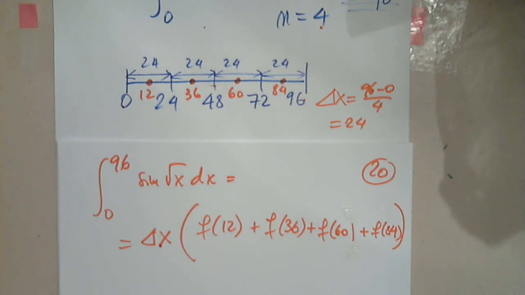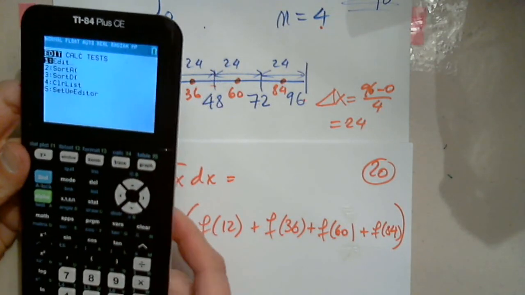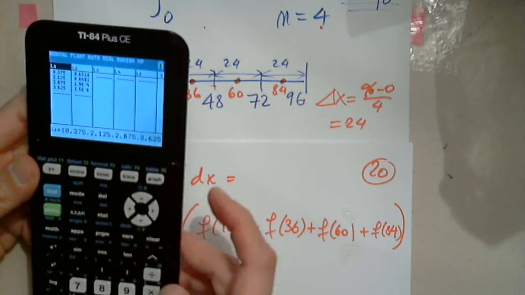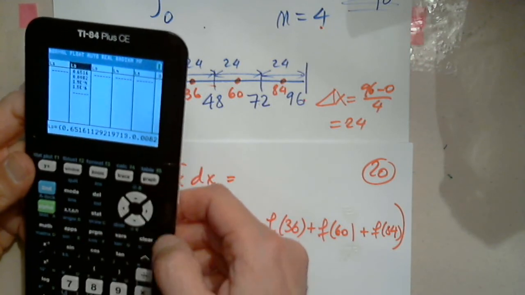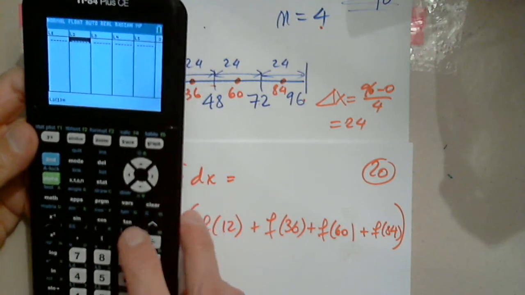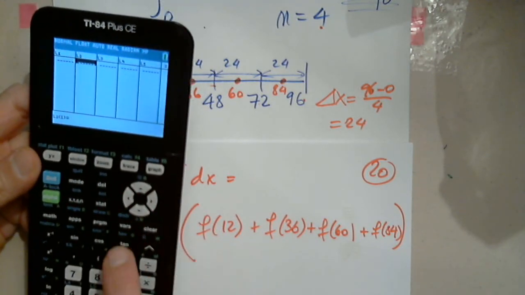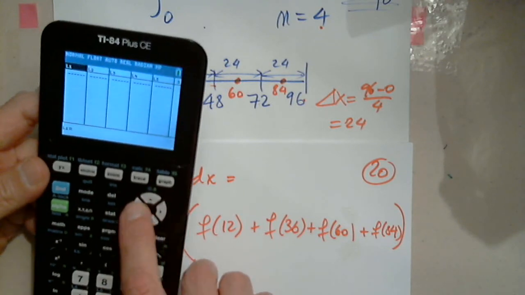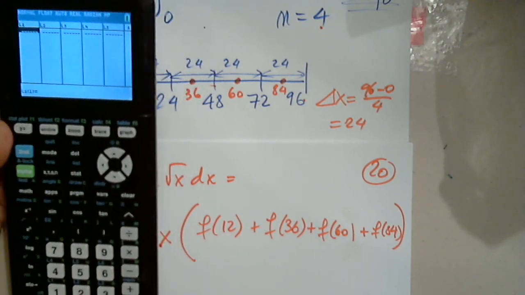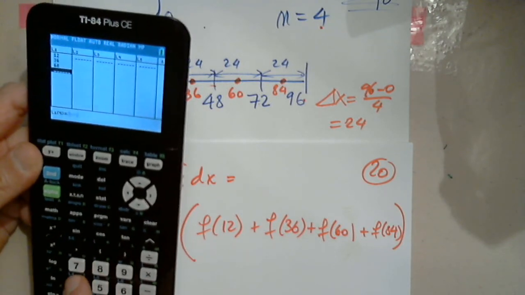Okay, so I don't know how you would like to do this, but what I like to do is create a table, a list, in which I put 12, 36, 60, and 84.